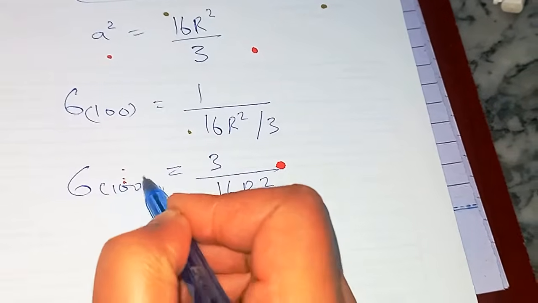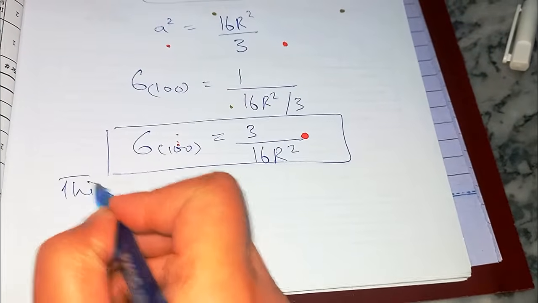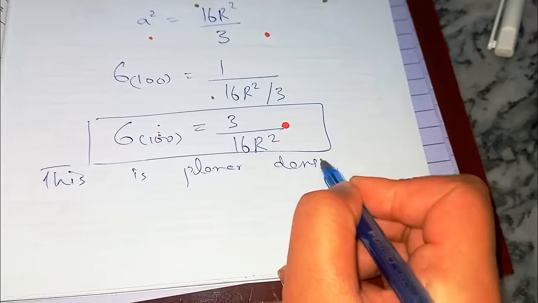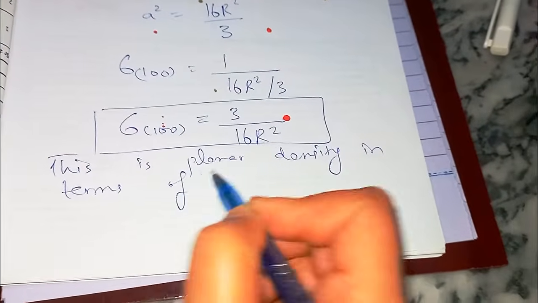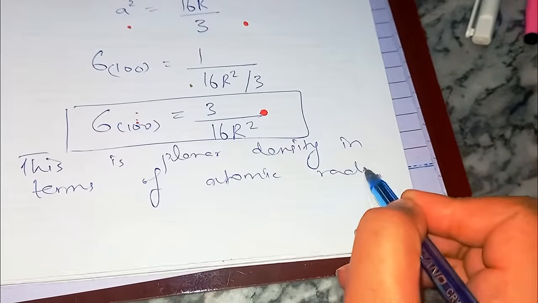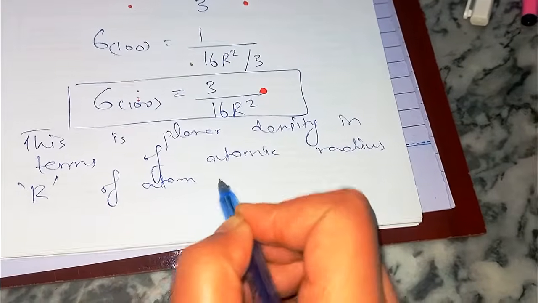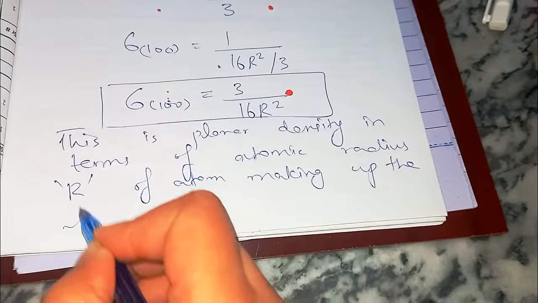This is the planar density in terms of the atomic radius r of the atom making up the lattice.